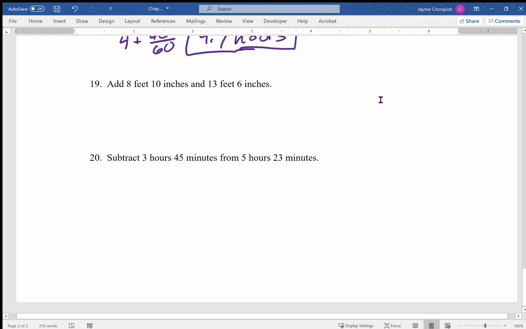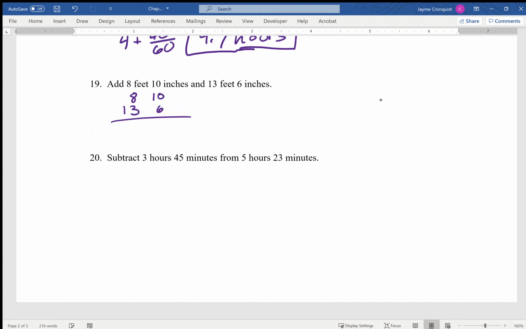Add 8 feet 10 inches and 13 feet 6 inches. Okay, so we're going to, all right, so I have 8 feet plus 13 feet and 10 inches plus 6 inches. So 8 feet and 13 feet gives me 21 feet, 16 inches, but that's more than a foot.